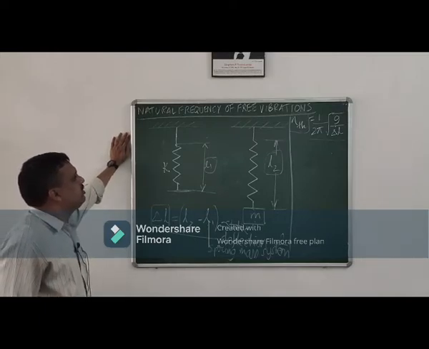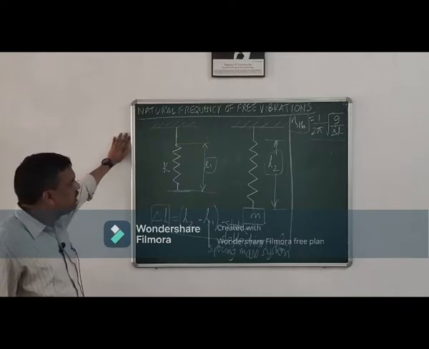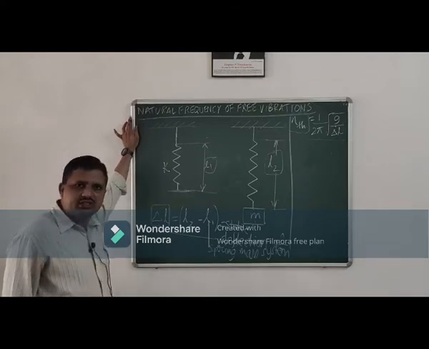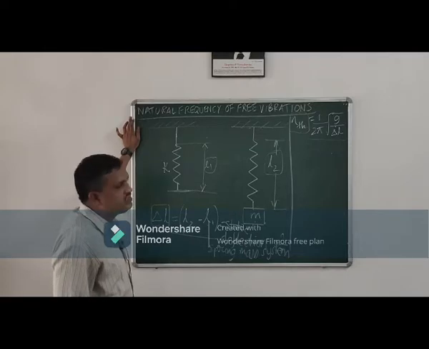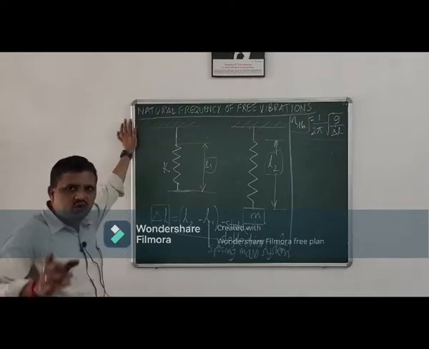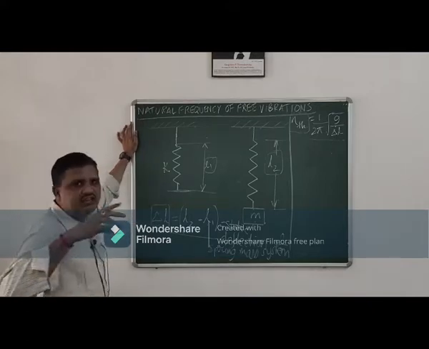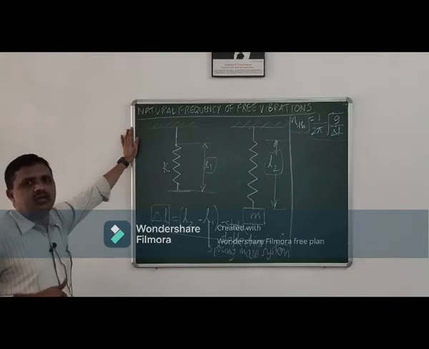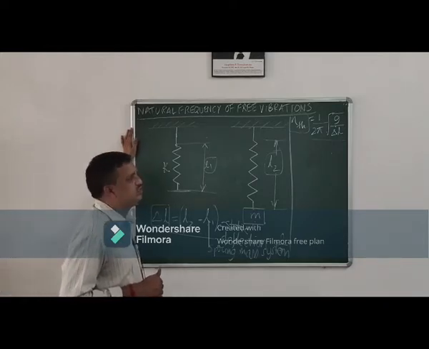Why we need to measure it is that we have to calculate the theoretical natural frequency of free vibrations, as well as the experimental natural frequency of these free vibrations, and we have to compare these two.